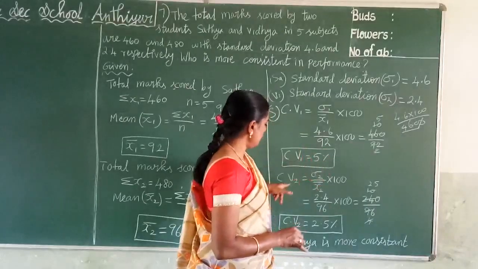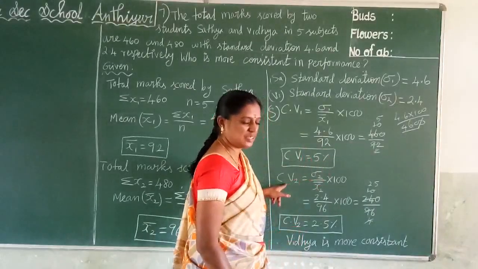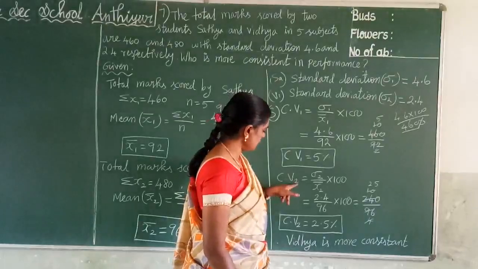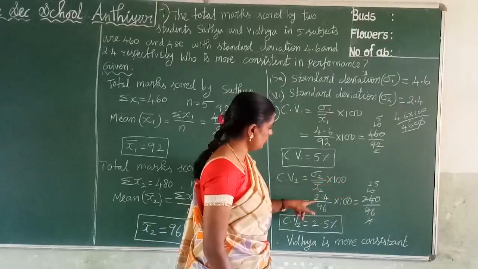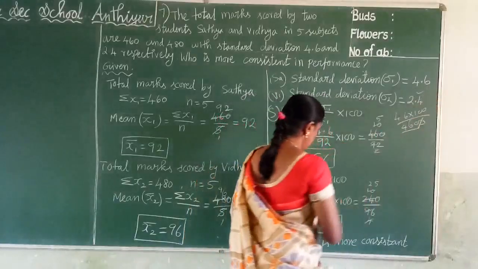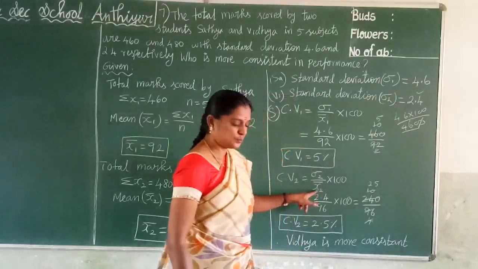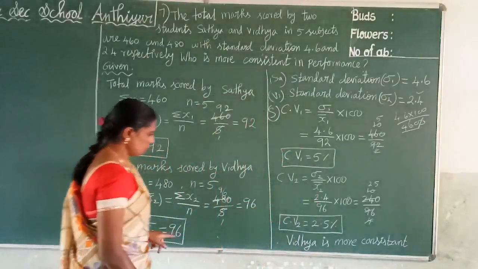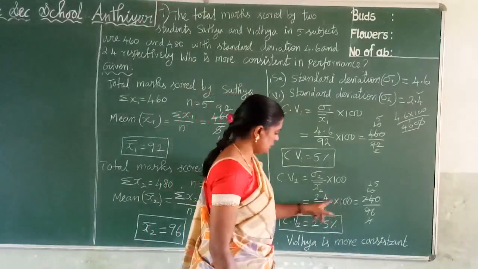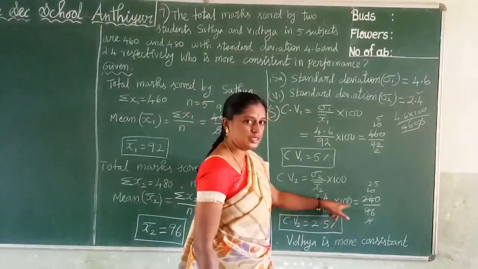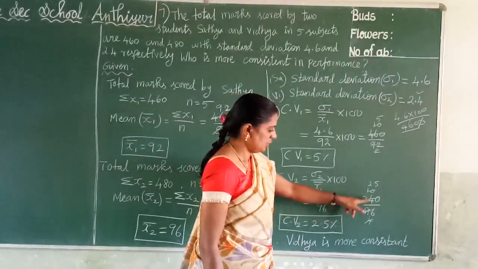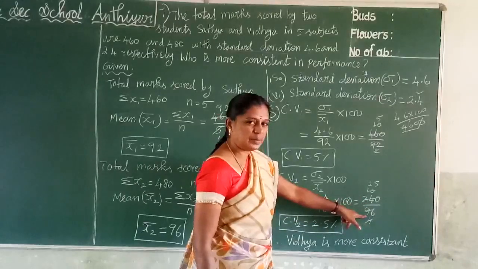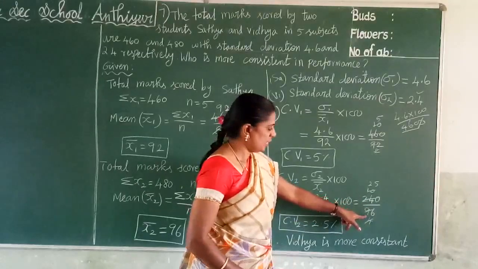The same thing we follow for Vidya's coefficient of variation. That is, coefficient of variation 2 is equal to sigma 2 by x bar 2 into 100. The sigma 2 value is 2.4 by x bar 2, which is 96, into 100. So 2.4 into 100 multiplied, we get 240 by 96. Here also the same, the 2 table or 3 table, any table possible, you apply and then simplify.